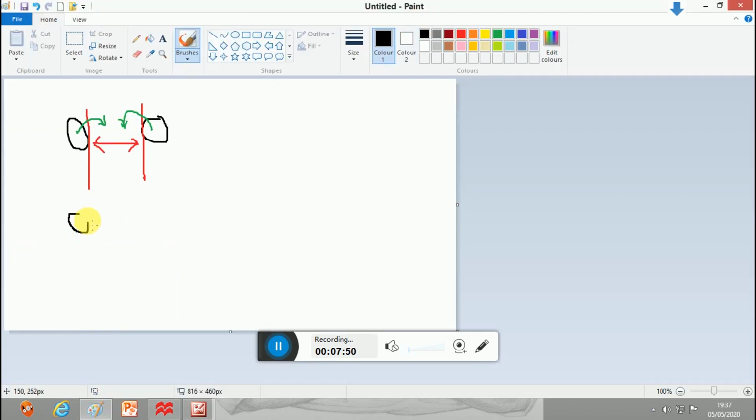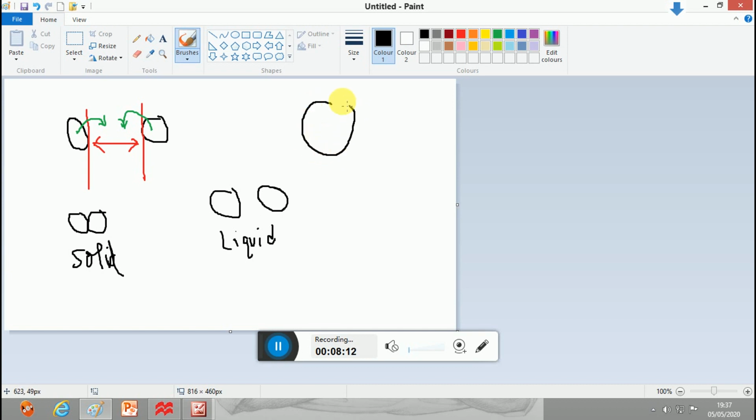So this is the case for the solid. The intermolecular space is intermediate for the case of liquid. And maximum intermolecular space is between the particles of the gas.